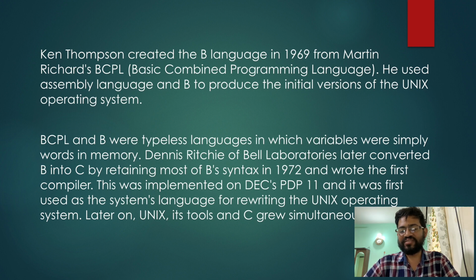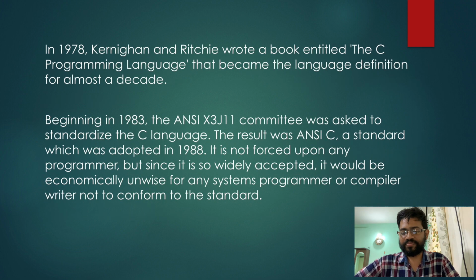Later on, Unix, its tools and C grew simultaneously. So Dennis Ritchie of Bell Laboratories basically converted the B language into C language, which was initially used to develop Unix, but it also simultaneously grew as one of the most popular programming languages.